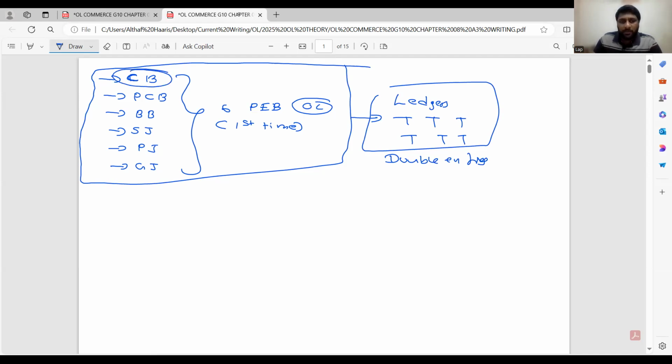In your O-level syllabus, the cash book, petty cash book and bank book are a little special because they are not only acting as a prime entry book. They act as a prime entry book as well as a ledger account. Let me take another example. One person can have dual roles.